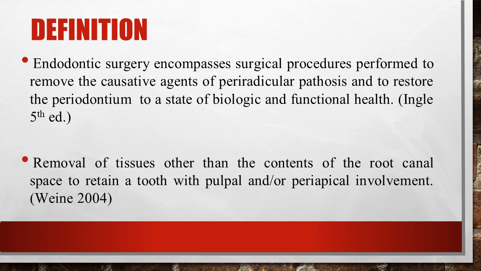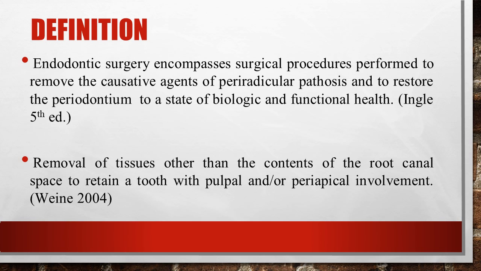So what is the definition of endodontic surgery? These are the surgical procedures which are performed to remove the causative agents of your periradicular pathosis and which restore the periodontium to a state of biologic and functional health. So it's a very simple definition. It is nothing but the procedures which are carried out to remove the causative agents.